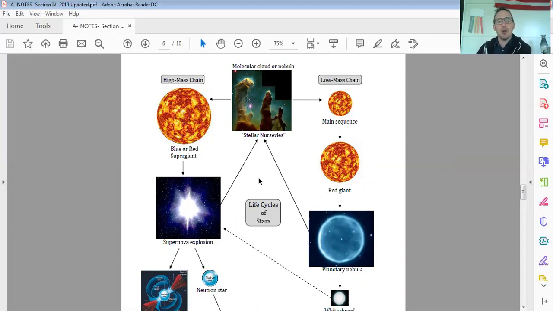It turns out our sun is basically a second generation star, which astronomers somewhat confusingly call a population 1 star. So very long ago, the original generations of stars were supergiants.